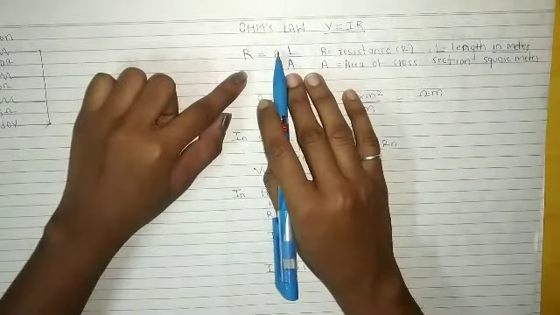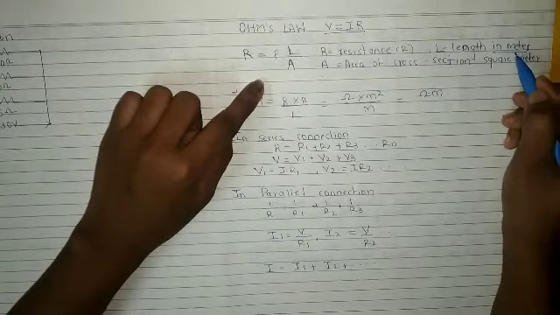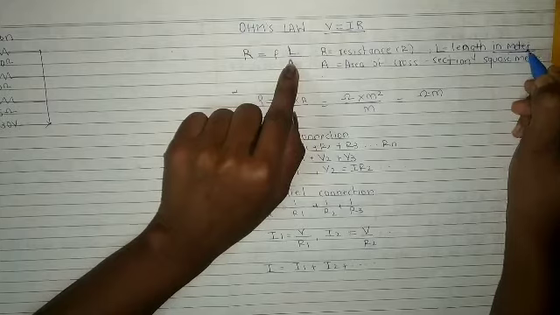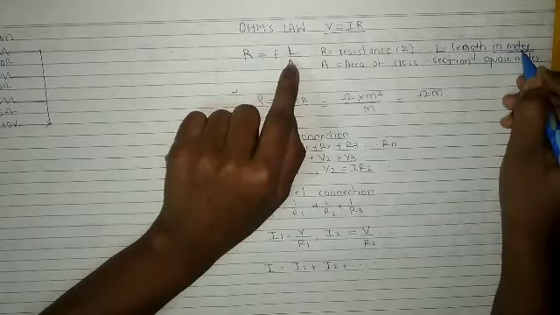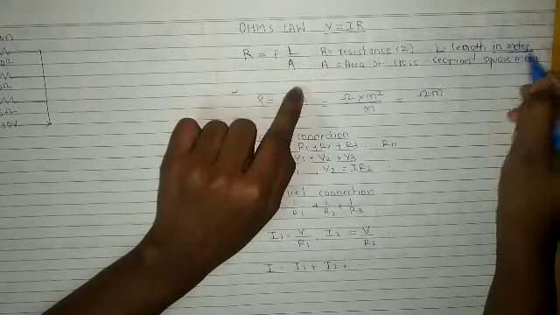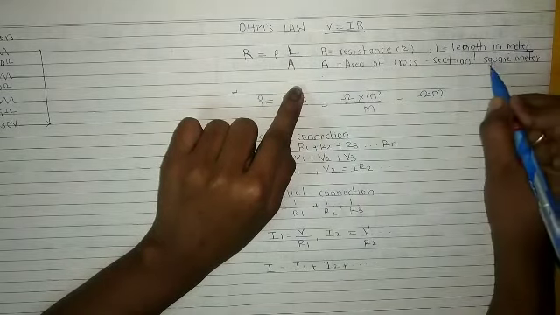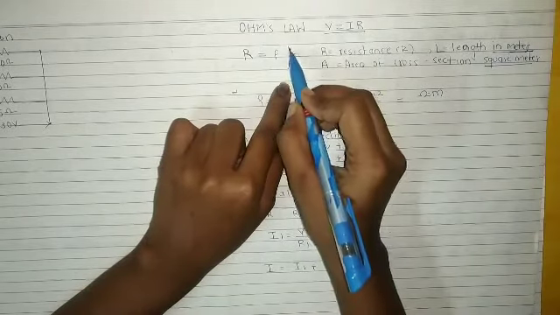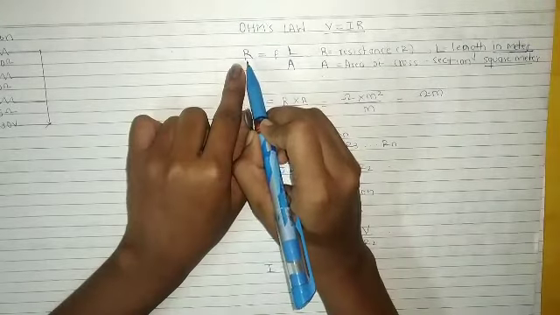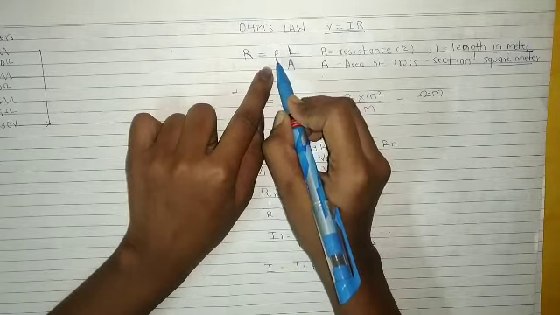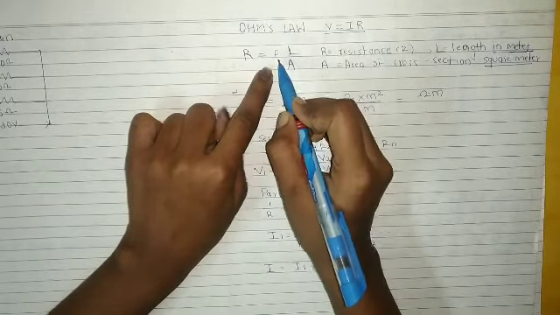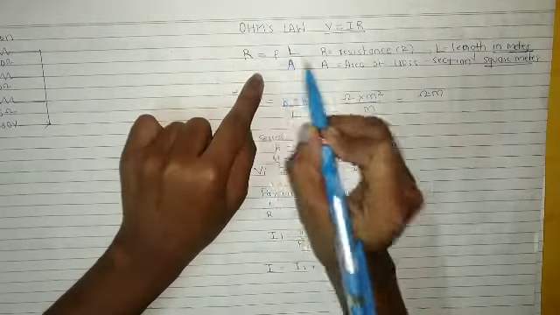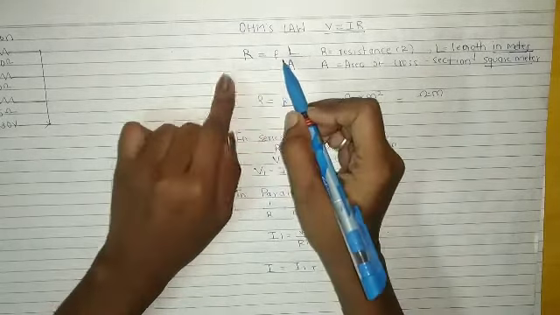In numericals the units are important, so if our length is not in meter, we have to convert it to meter. Area of cross section is in square meter. So A is for area of cross section, L is for length, R is for resistance, and this is resistivity or specific resistance. Don't get confused, both terms are similar.